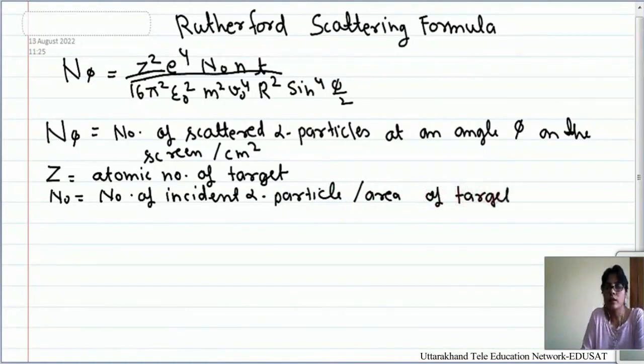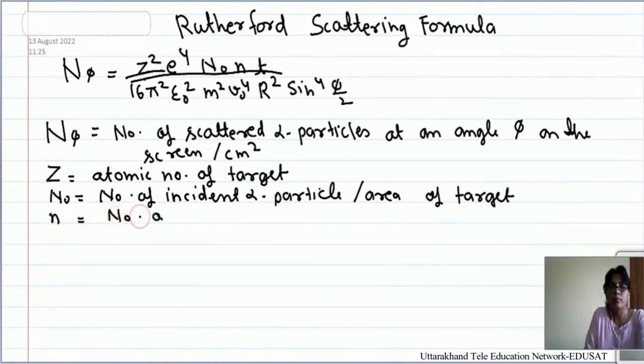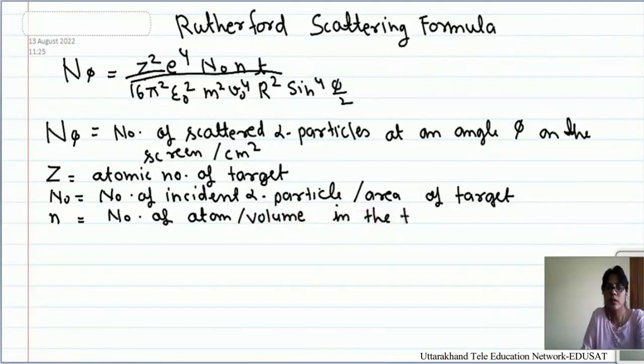Here the target is gold foil. And then small n is the number of atoms per unit volume in the target. Then small t is the thickness of the target.